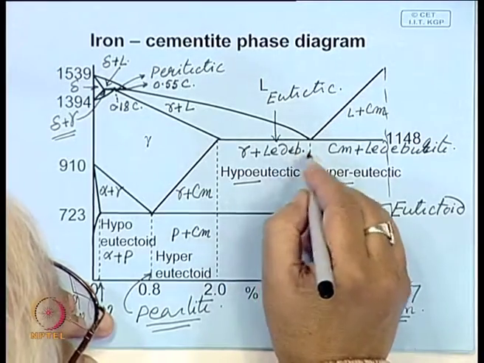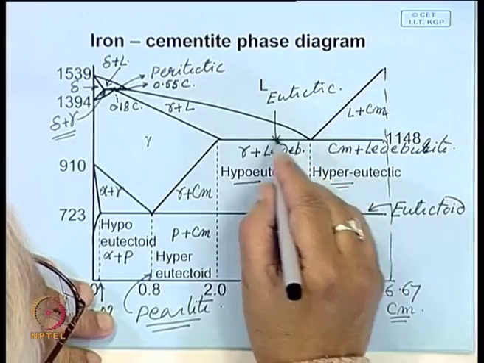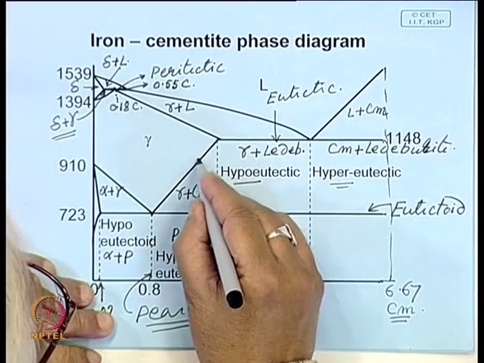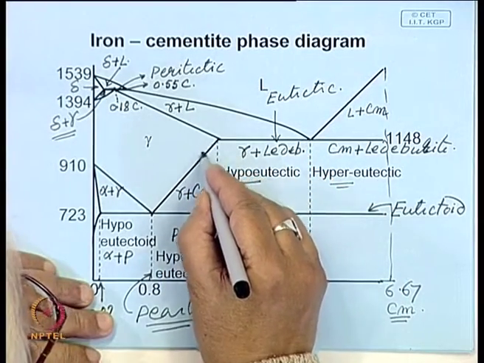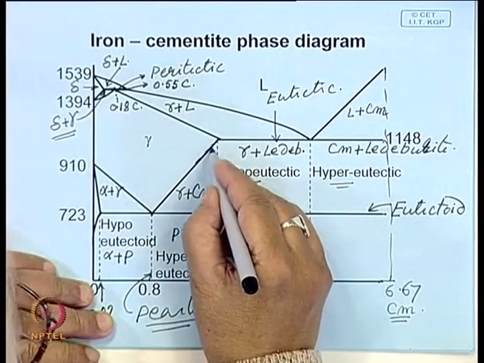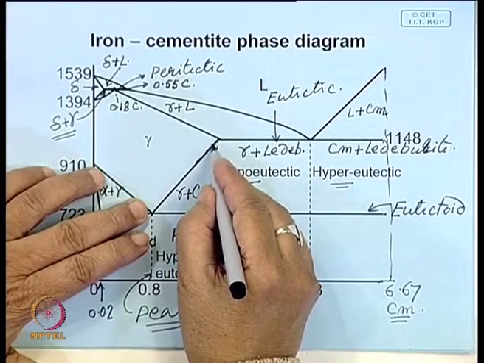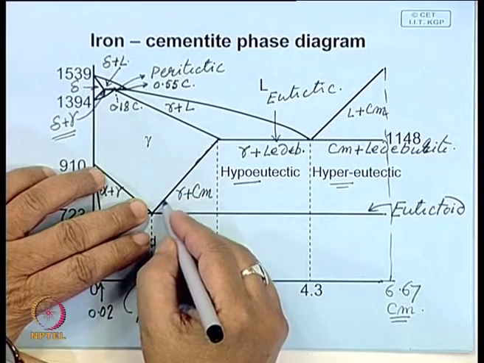And here what happens, there is austenite here. As you cool down, this austenite composition also will change, and this change will be given by this line. This represents the solubility of carbon in austenite. As the temperature goes down, the solubility decreases.